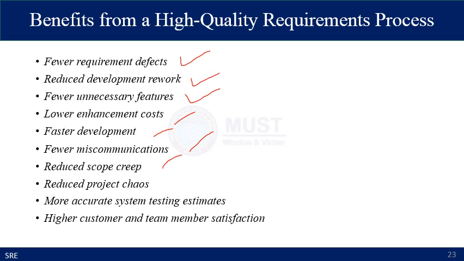It will also greatly reduce project chaos and everything will be streamlined with respect to the schedule. And there will be more accurate system testing estimates because requirements will be specified and validated in a clear and articulate manner. And finally, it is bound to have higher customer and team member satisfaction.